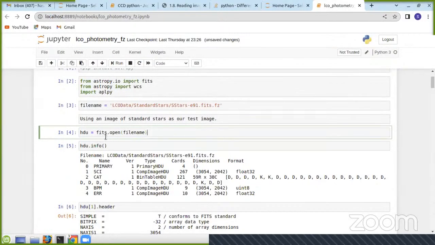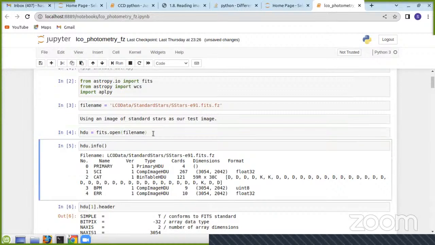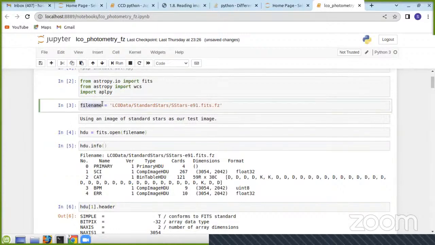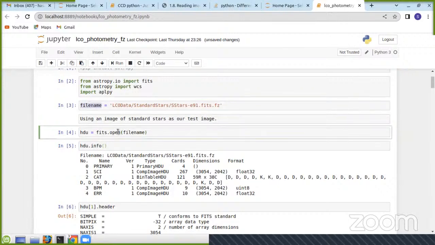I have the command fits.open(filename), and I'm storing the output into HDU, the header data unit variable which I have defined.